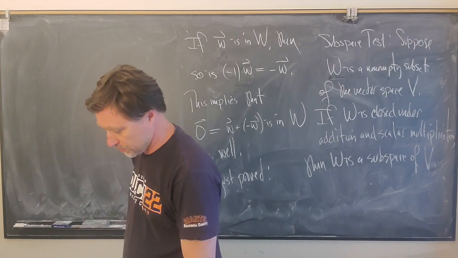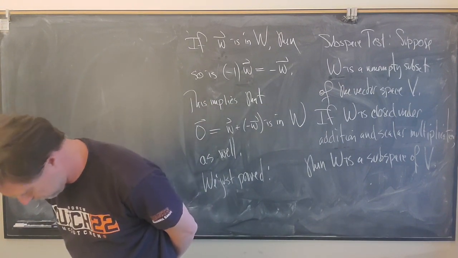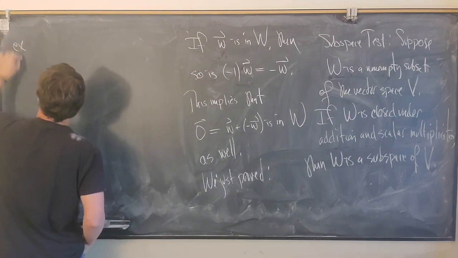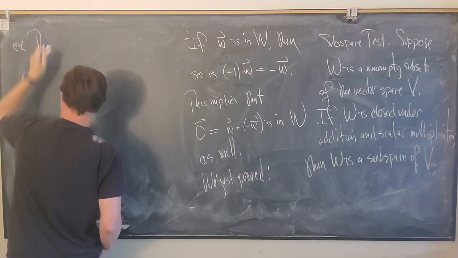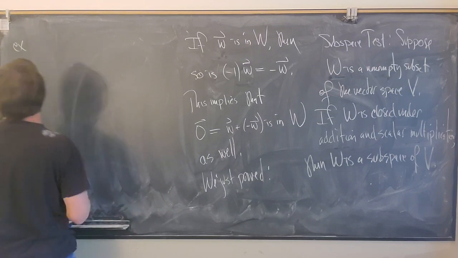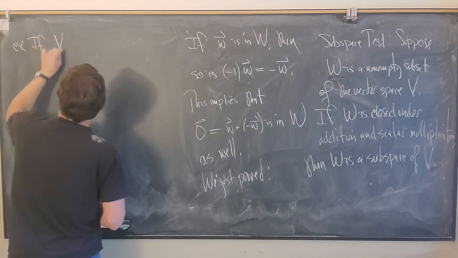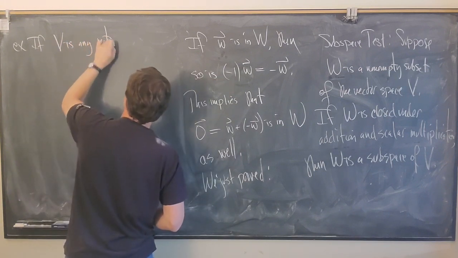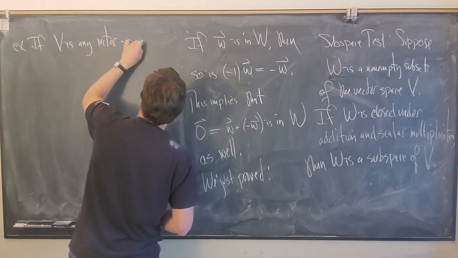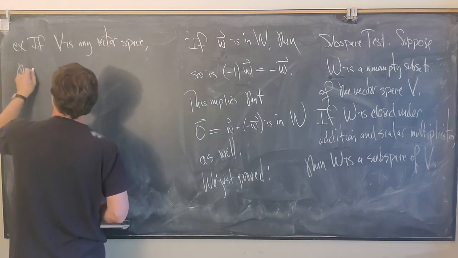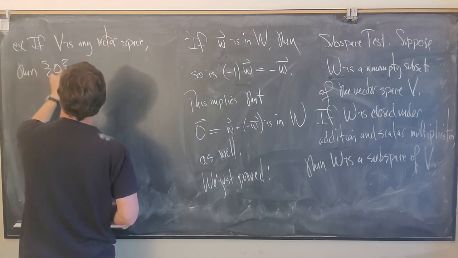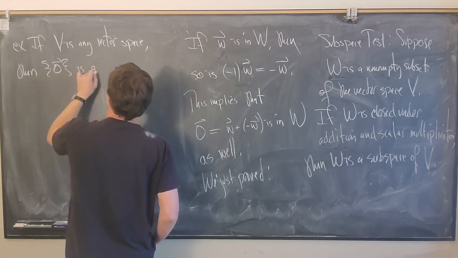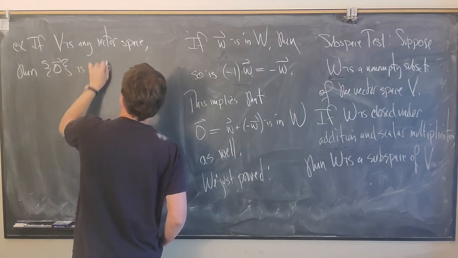Okay, so we're going to do some examples here. Okay, let's get this example out of the way. So, if V is any vector space, then the set consisting of just the zero vector is a subspace.